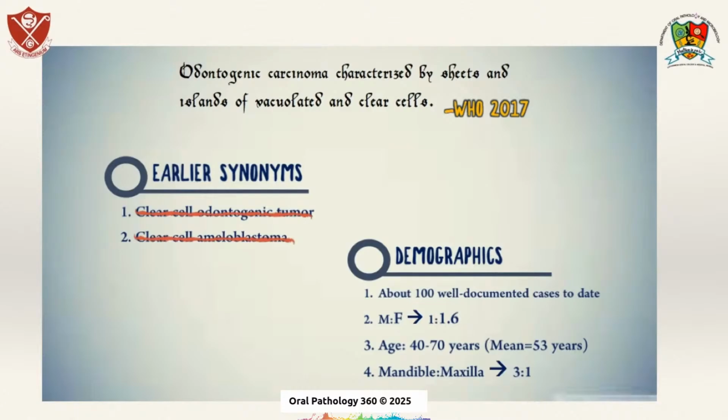So the odontogenic carcinoma is characterized by sheets and islands of vacuolated and clear cells according to the WHO 2017 classification.